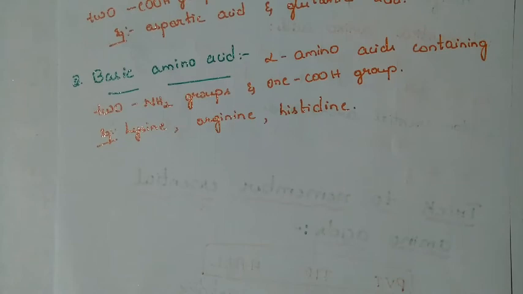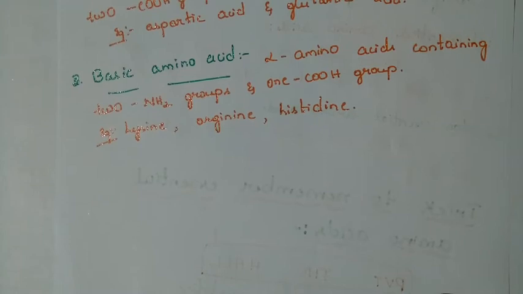It is not showing the basic property, though the NH2 group is there, and it is not showing the exact acidic property, though it also has the COOH group. It does not show the carboxylic acid nature or the amine nature.